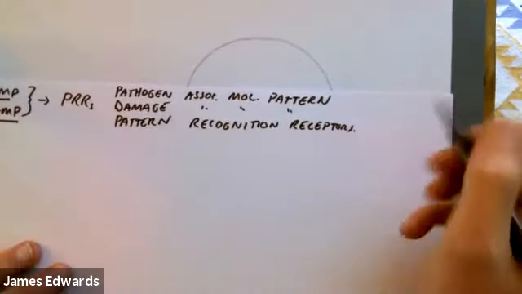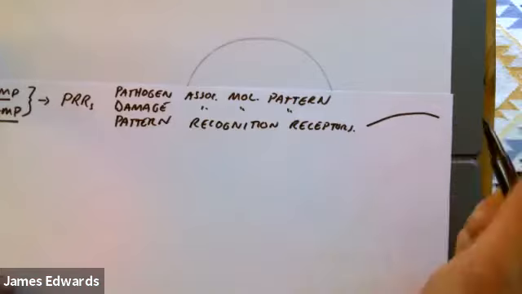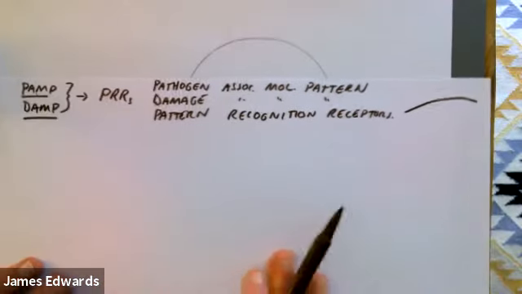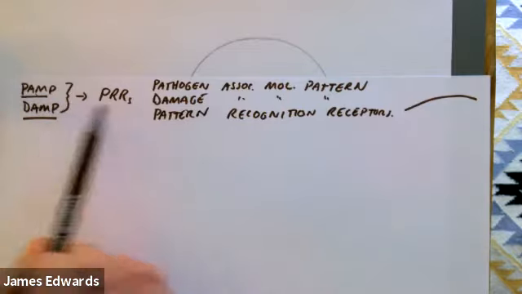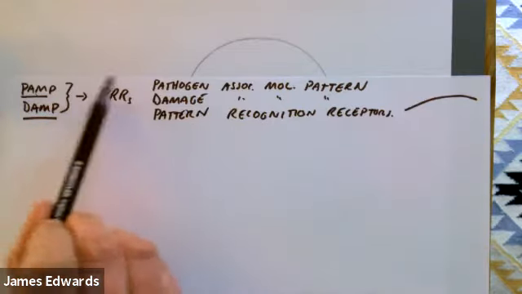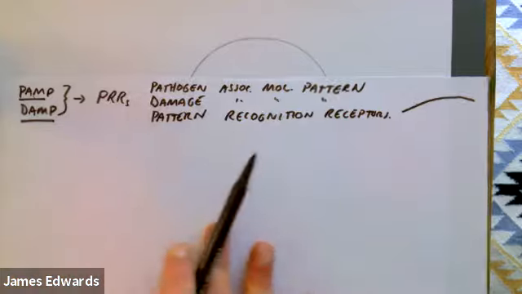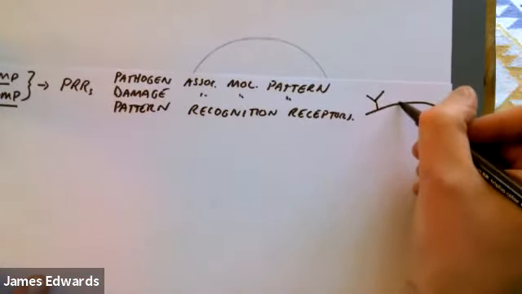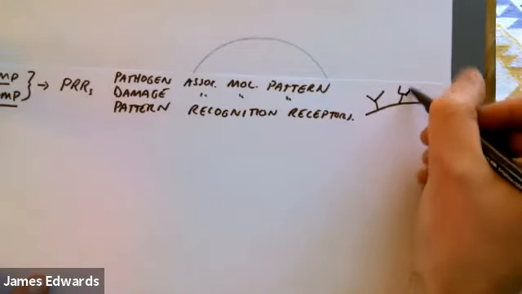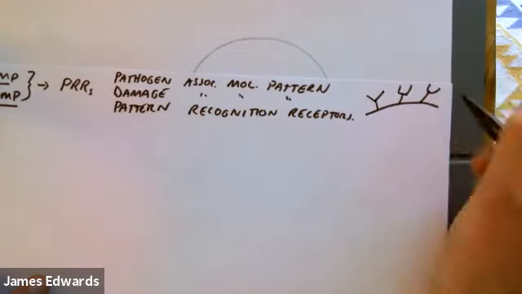Why these umbrella terms? The bottom line is that there are just too many really to talk about. There are loads of different PAMPs, loads of different DAMPs, and several different receptors and receptor types that can be used to detect them. You can think about the surface of cells as being decorated in all sorts of different receptors.